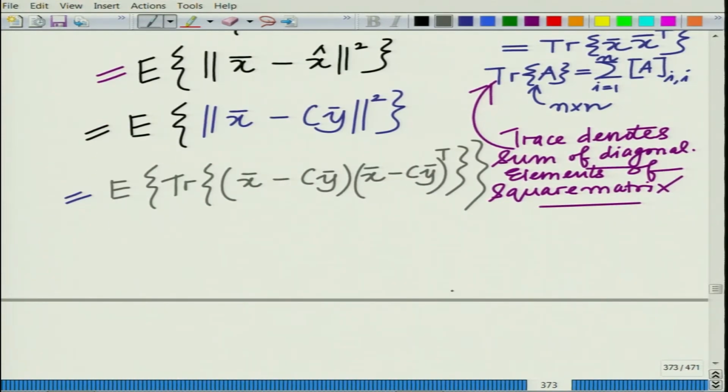And we are using C y bar because remember we have x hat equal to C y bar.